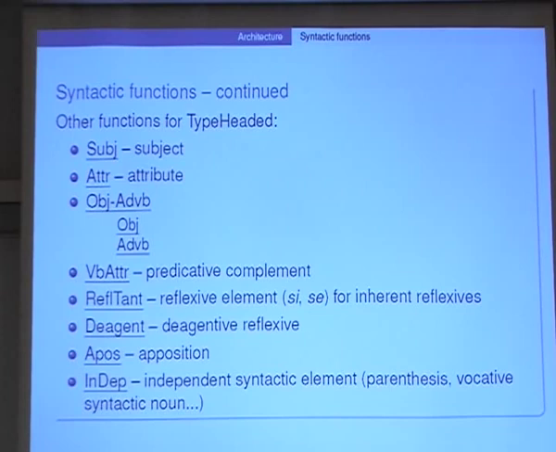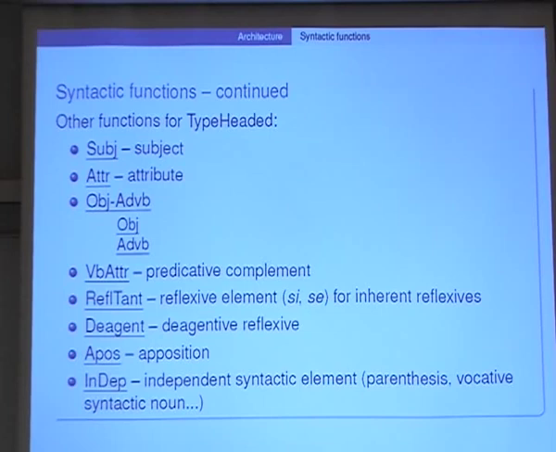The second group is constituted by classical syntactic functions. These are the functions for the type-headed structures: subject, attribute, object, adverbial, but this may also be further structured. Very often we can hardly decide whether an element or structure is an object or an adverbial. So then we can use this underspecified function obje adverbe.